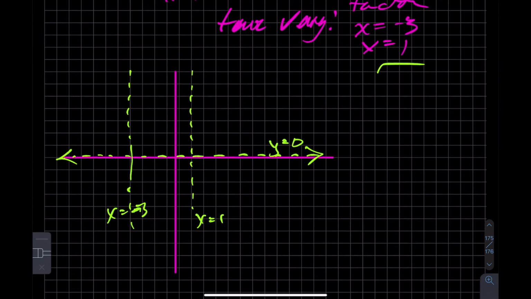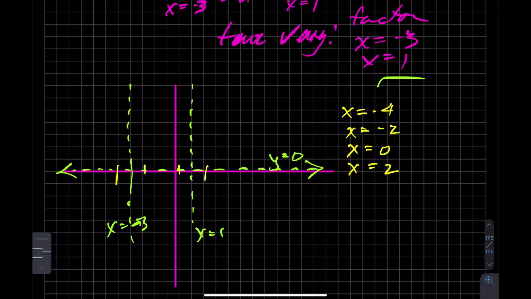And how do we determine what our function looks like? Again, the best method that I'm aware of is to choose numbers that are close to my asymptotes, and those numbers are x equals negative 5, x equals negative 3, x equals negative 4, and x equals negative 2, x equals 0, and x equals 2.